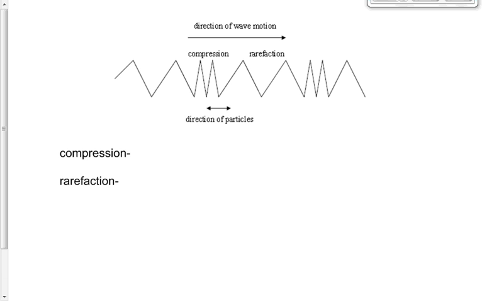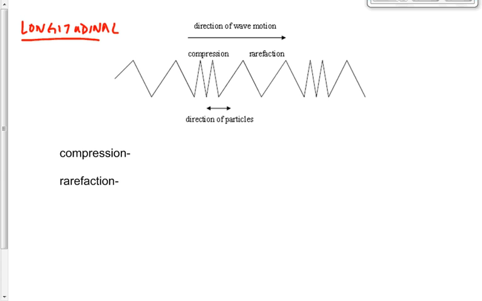Here's the other kind of wave. This isn't a very good picture of it, but it's the best I could do with Microsoft Word. This is a longitudinal wave. This is the wave that we showed you second with the slinky, where I pushed my hand back and forth. It created areas of compressions and rarefactions.